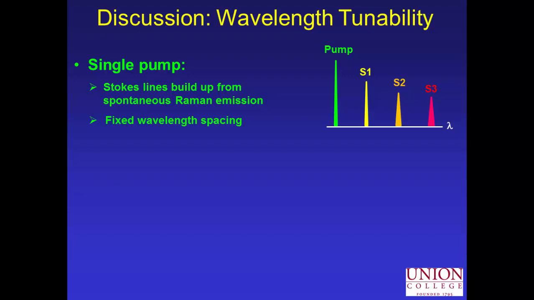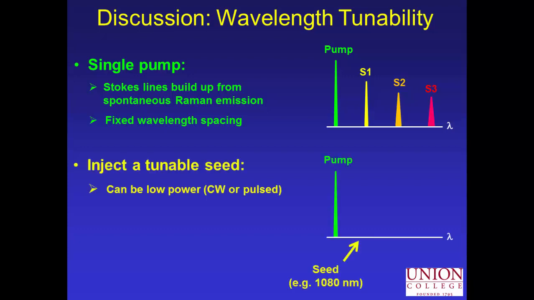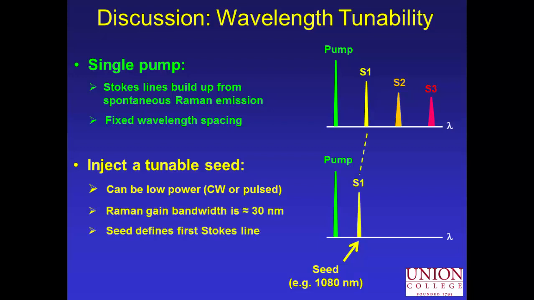Fortunately, if you inject a second laser, which can be low power, CW or pulsed, let's say at 1080 nanometers, that can be amplified through the Raman scattering effect. The reason is that the Raman gain bandwidth has about a 30 nanometer range.